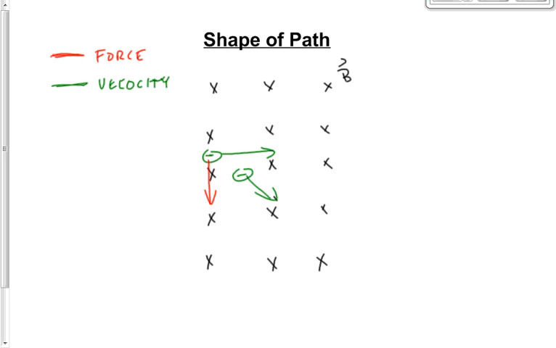Thumb in the direction of the particle, which is kind of diagonal down and to the right. Fingers, field into the page. Palm points to the left and down, like this. Where's the particle going to go next? Thumb in the direction of the particle. Fingers, field. Palm points to the left.